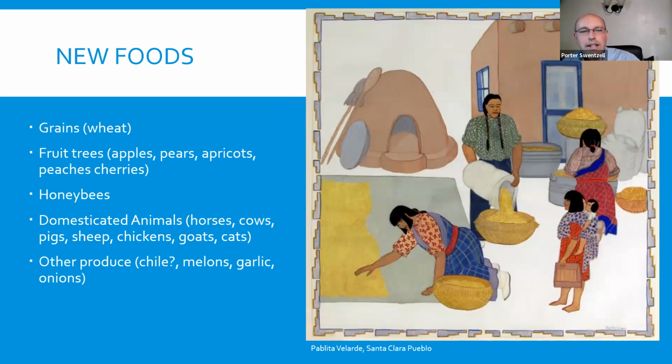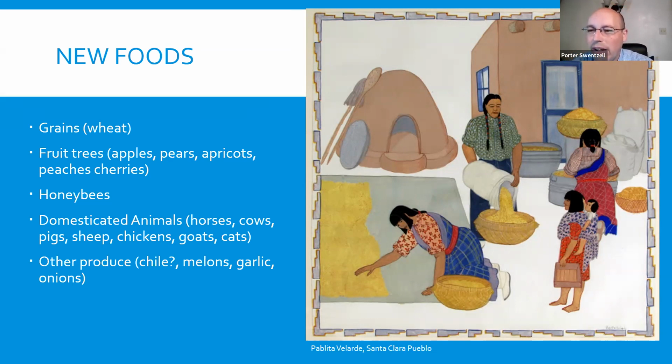Of course, you have the wheat, and you have the grapes that I mentioned already, but you also have most of the fruit trees that we think of today being new foods brought in, like apples and pears and apricots, peaches, cherries. The only old fruit is those wild plums that grow along the acequias. Those predate the others. But most of the fruits that we think of today were brought in by the missions, including honeybees.